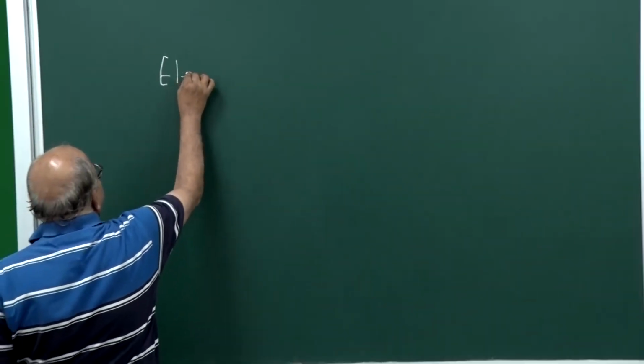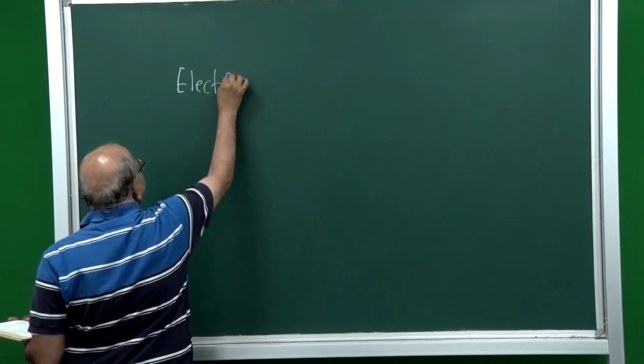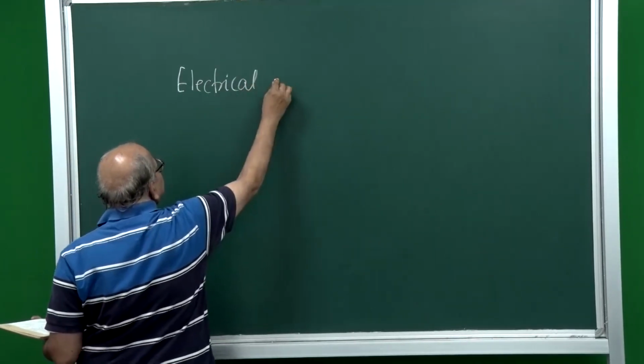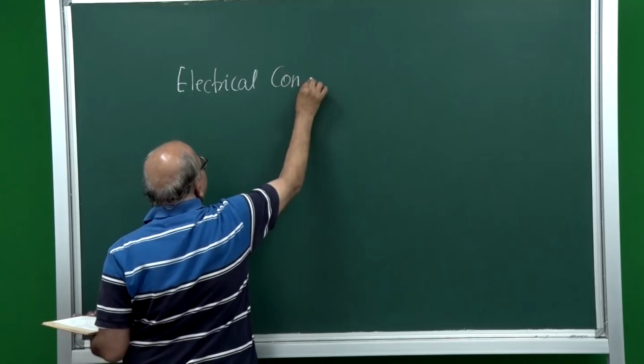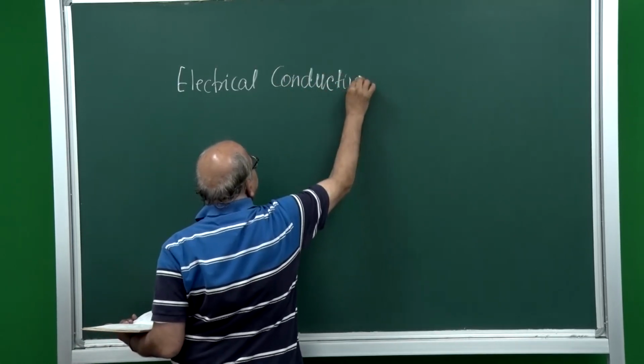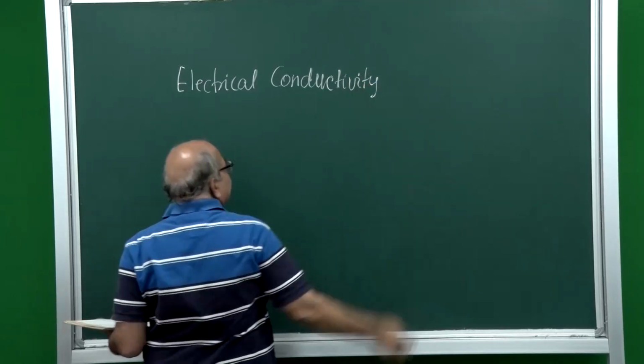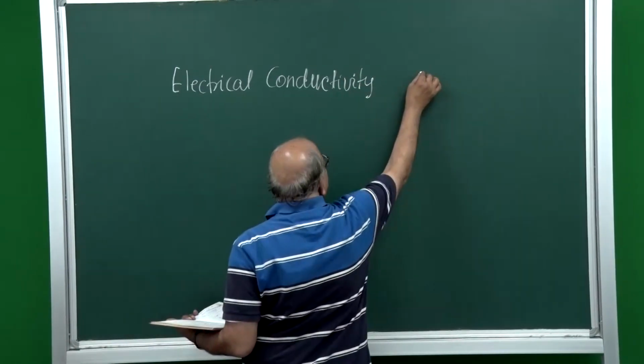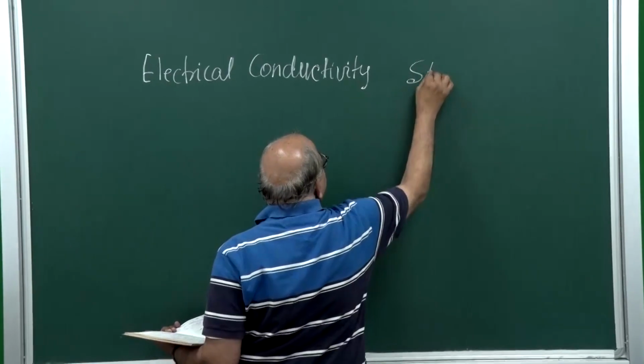So, electrical conductivity, the SI unit is known as Siemens per meter.